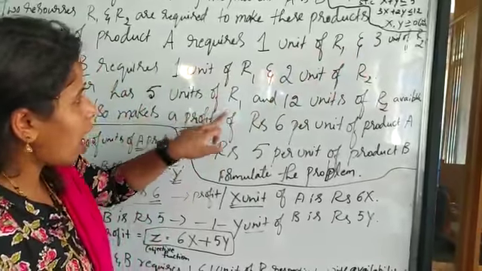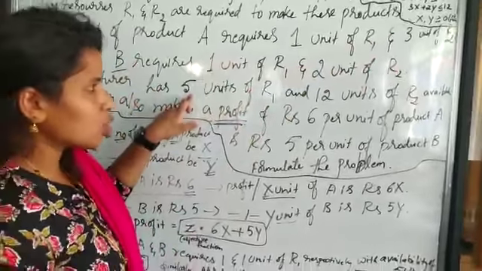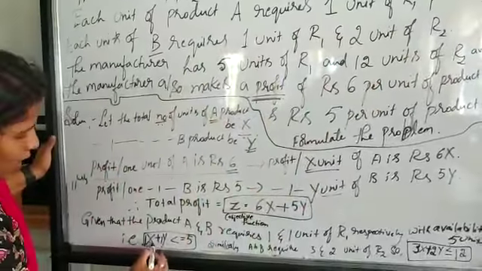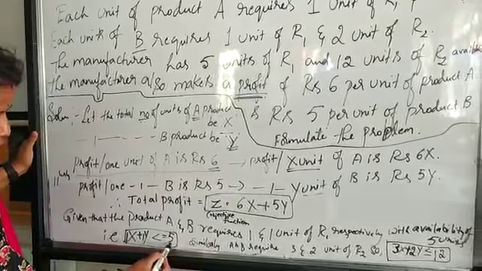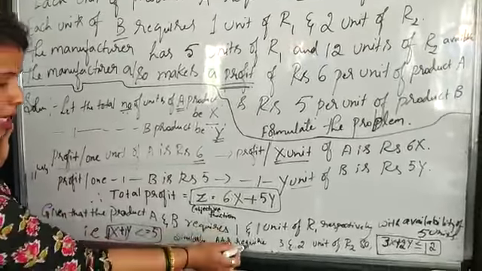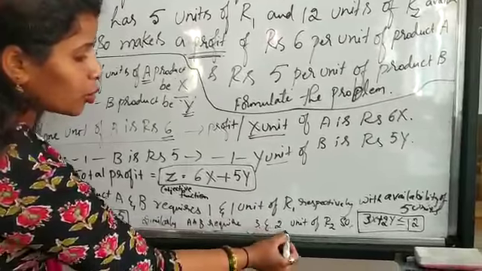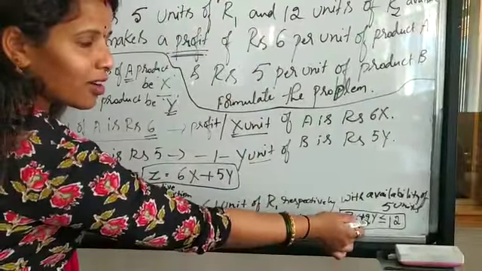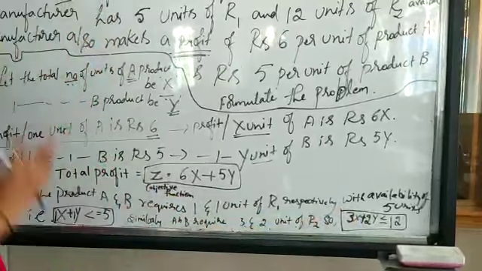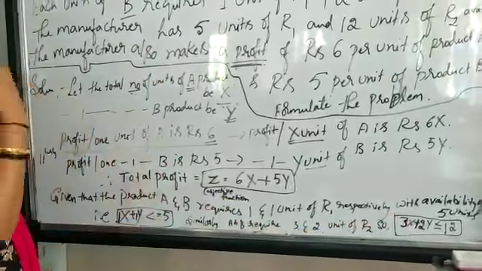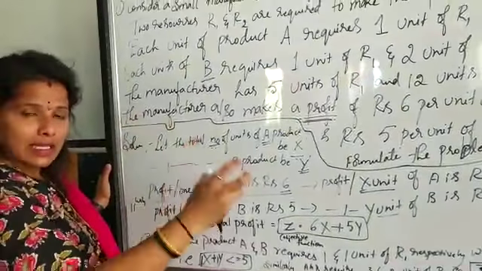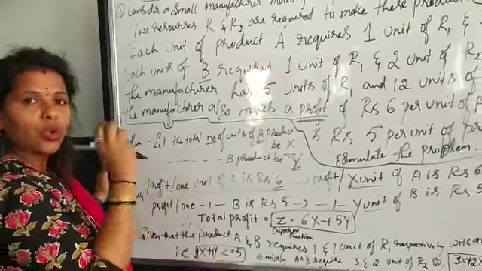The total R1 is 5 and the total R2 is 12. So x plus y is less than or equal to 5. Similarly, A and B require 3 units and 2 units of R2, so it becomes 3x plus 2y less than or equal to 12. These are the constraints, the subject to constraints. You can write STC, please specify subject to constraints.